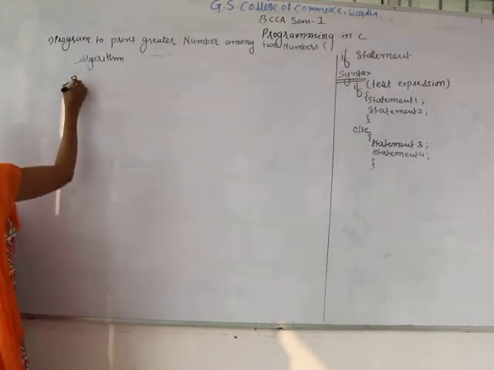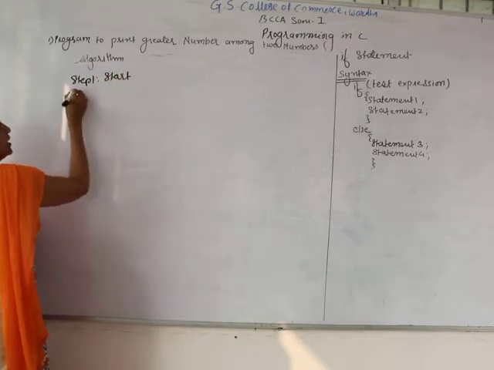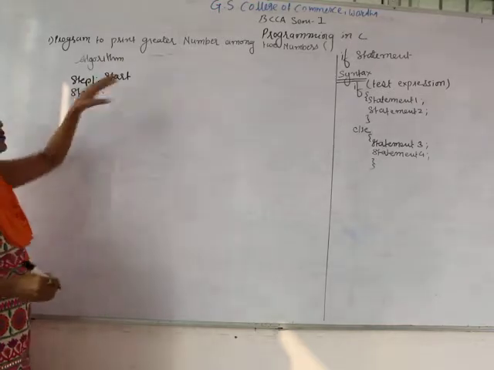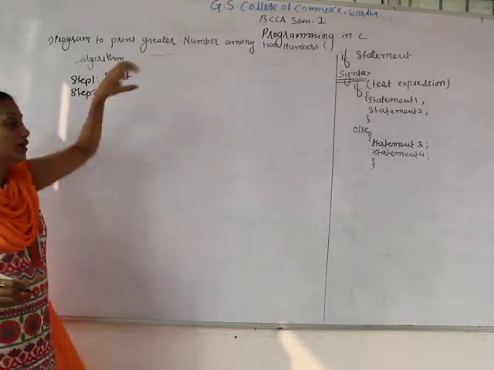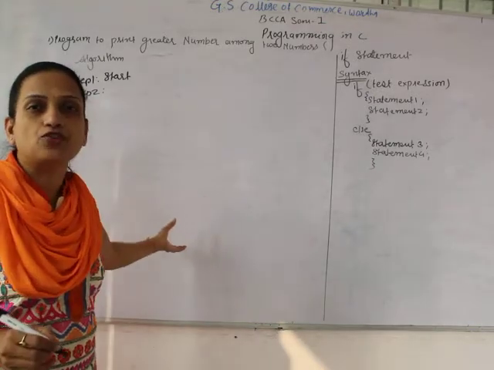So here, step 1 is always start. Next is step 2. Now, what do you need to input to perform this operation?